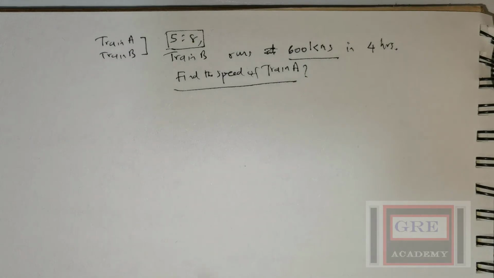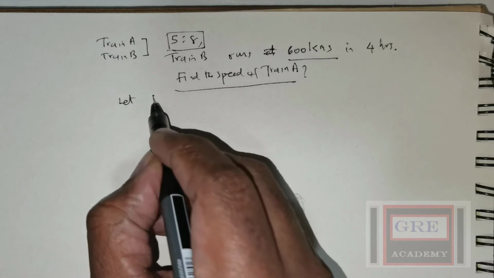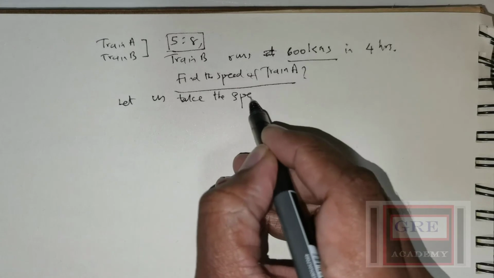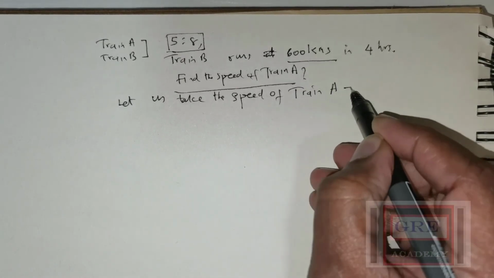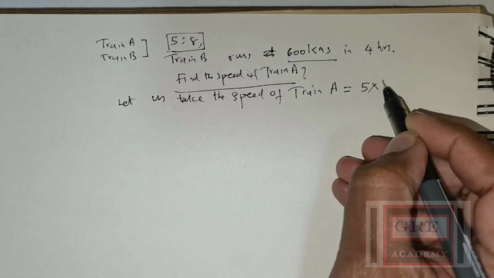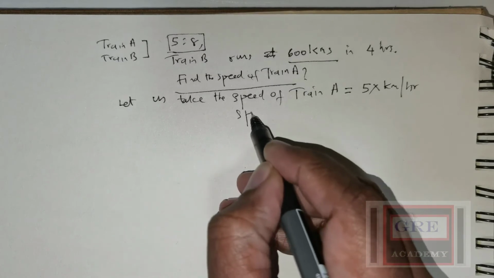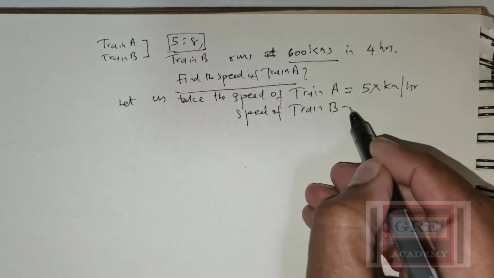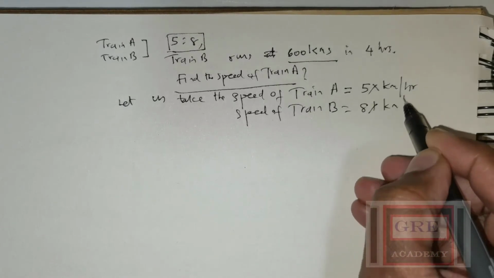We are asked to find the speed of train A. So what I would do is, let us take the speed of train A to be 5x kilometers per hour and the speed of train B as 8x kilometers per hour.